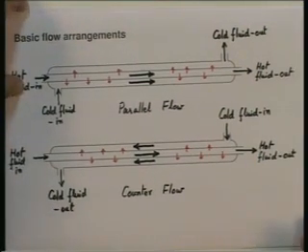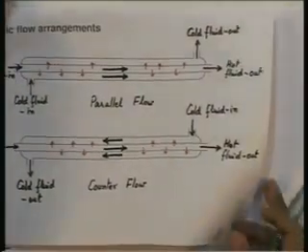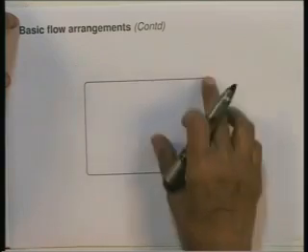The third type of basic arrangement is what we call a cross flow arrangement, and let me describe that for you now. In a cross flow arrangement, the two fluids basically flow at right angles to each other, like this. Let us say this rectangle which I am showing is part of some heat exchanger.